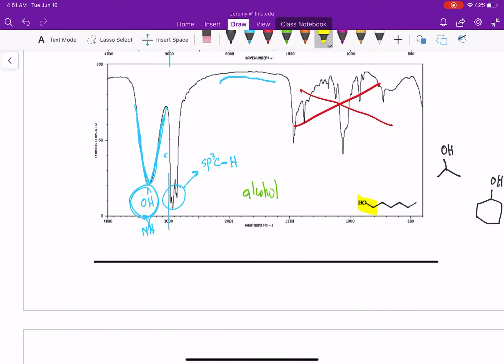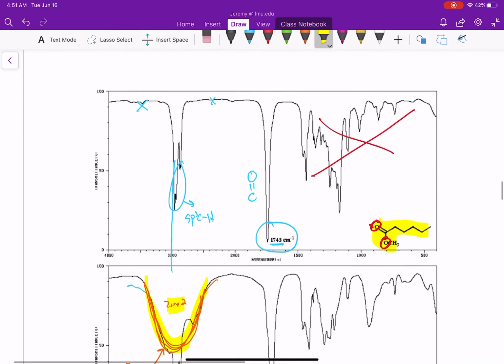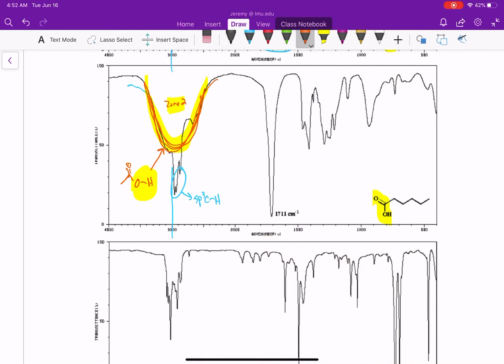Remember, the OH of an alcohol was clearly in zone 1. So alcohols are clearly in zone 1. Carboxylic acids really expand all the way out through zone 2, and that's how you can tell you have a carboxylic acid. Nothing in zone 3. We get to zone 4.